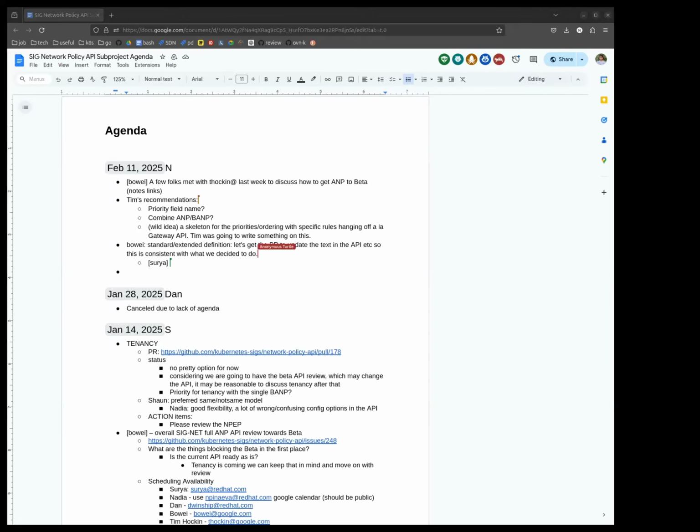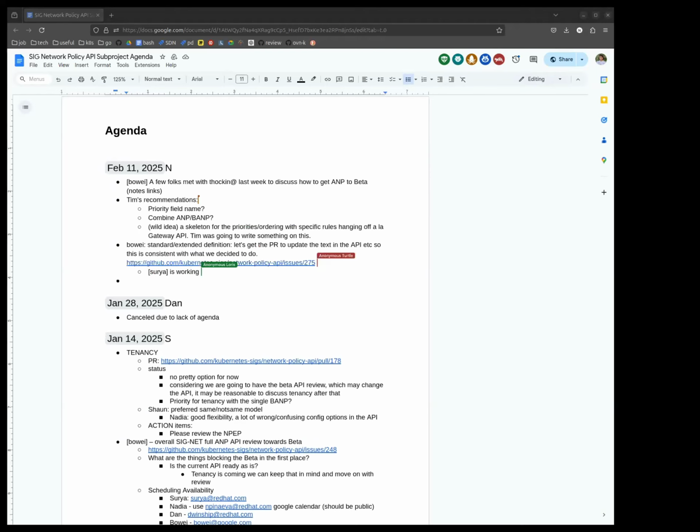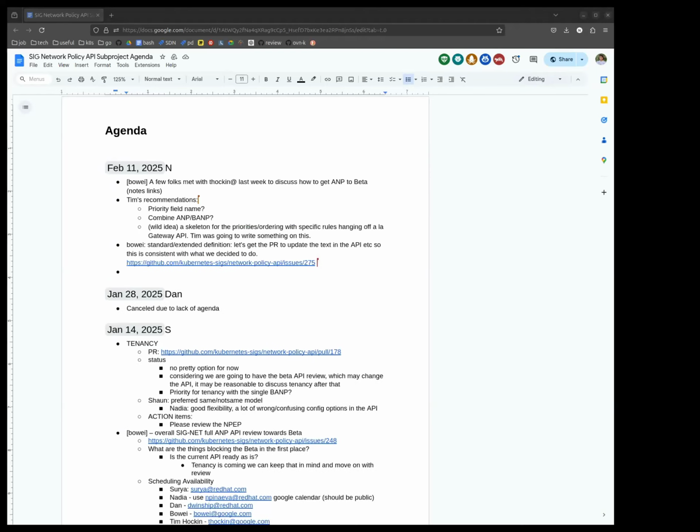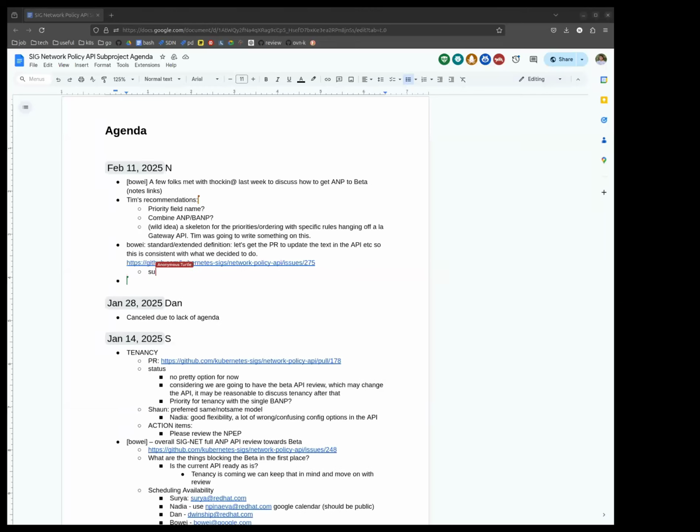I remember this being a discussion that's come up a couple times, and Dan had particularly strong feelings about the best experience for users being to not have extended or optional fields. Because we have an API with a relatively small surface area, we should focus on making sure that the things that we plan to include in the API are possible to implement for all the implementations that are active participants in the project.